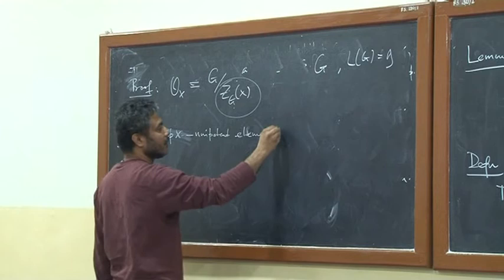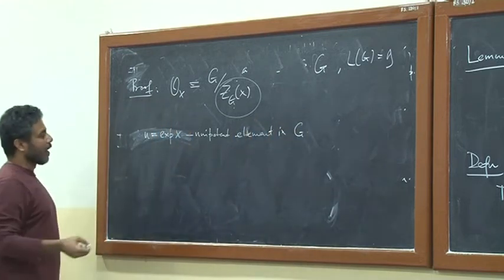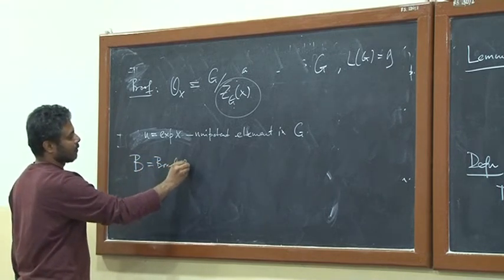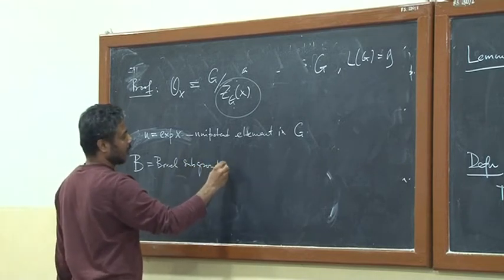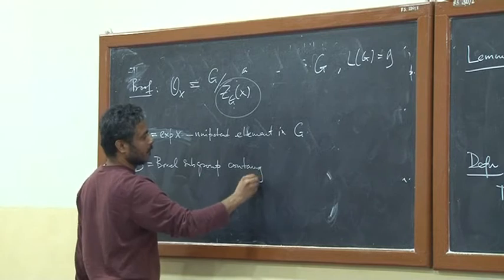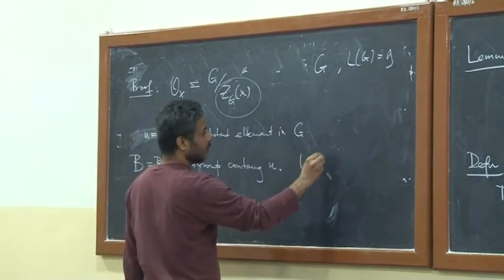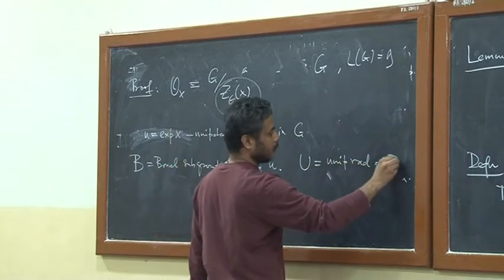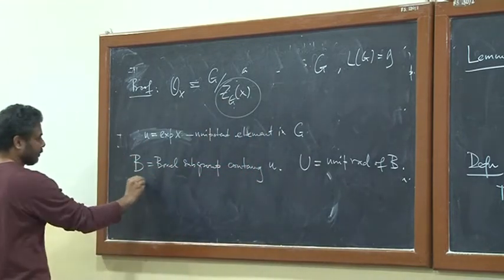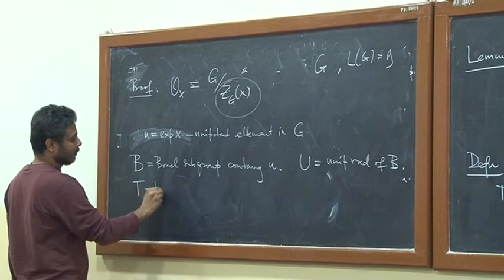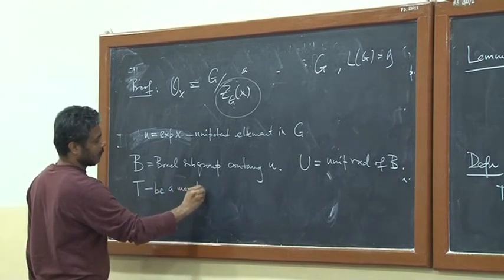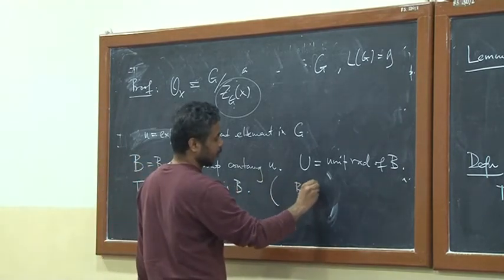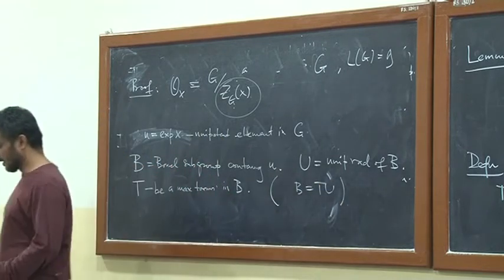So a unipotent element in G. And I consider B a Borel subgroup containing u, and let U be the unipotent radical of B. Also let T be a maximal torus of B.